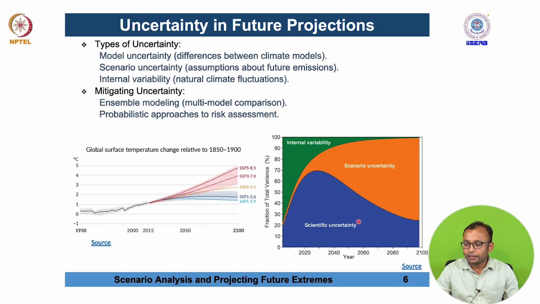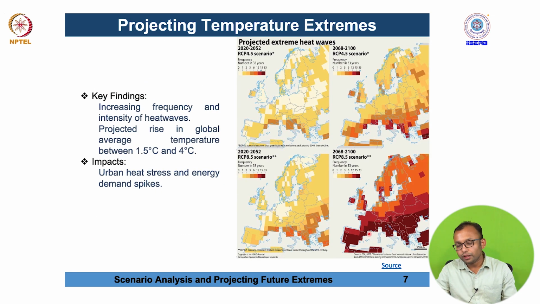So that is basically where major uncertainties originate, from the model itself. These are some examples of temperature or climatic extremes and their projections, and how we can infer from different scenario based assessments.